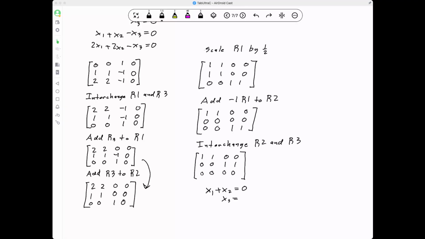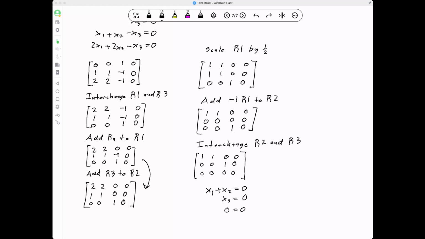And I have to correct that change all the way up. So it gives me x3 is equal to 0. x1 plus x2 is equal to 0. x3 is equal to 0. And the last row just tells me that 0 is equal to 0. Well, that doesn't tell me anything. It's true, but it doesn't change anything.